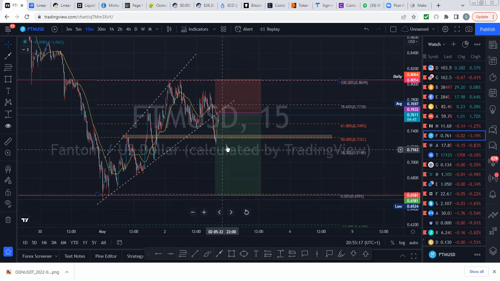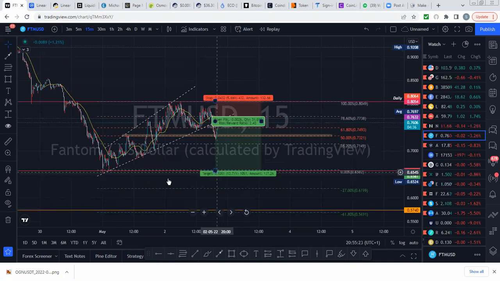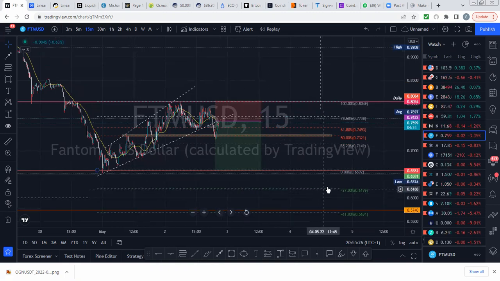Are you following? It will push heavily to this point, this support level here. Once price breaks here, then these green lines here are my TP levels. I can put TP1, TP2, TP3. They are my TP levels.